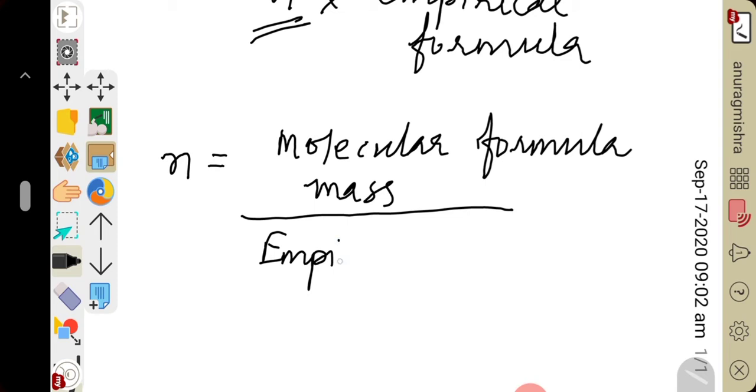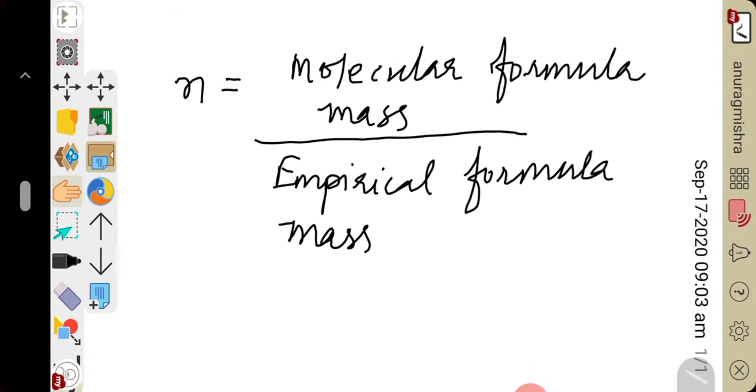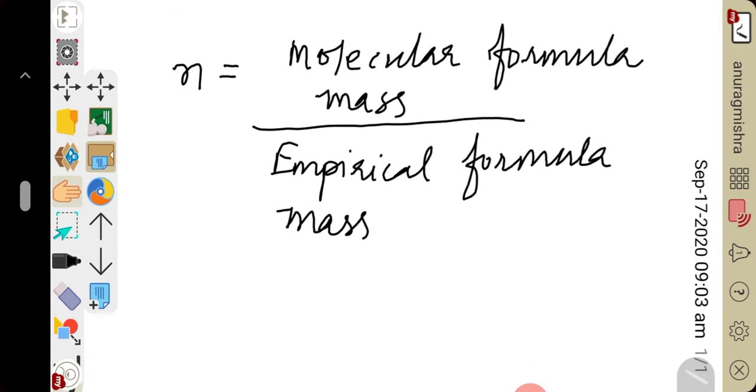In this way n can be determined. What did I tell? Molecular formula is equal to n into empirical formula, where n is a number which can be calculated as molecular formula mass divided by empirical formula mass.